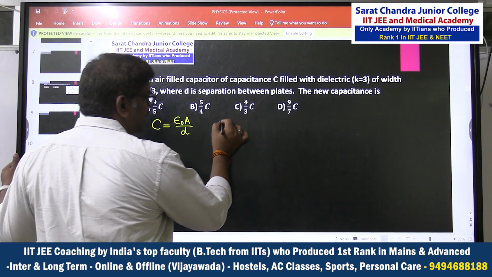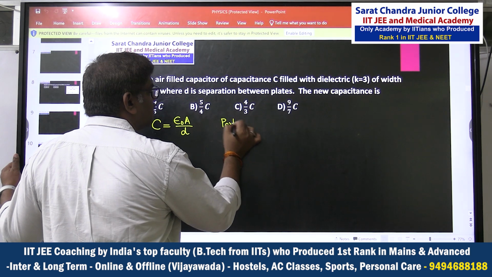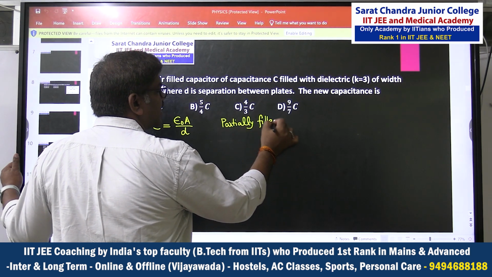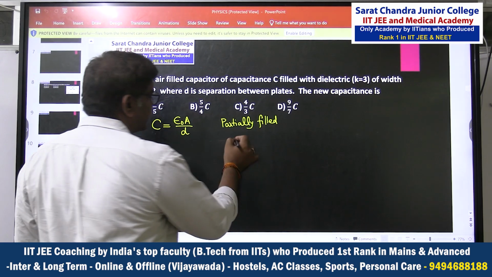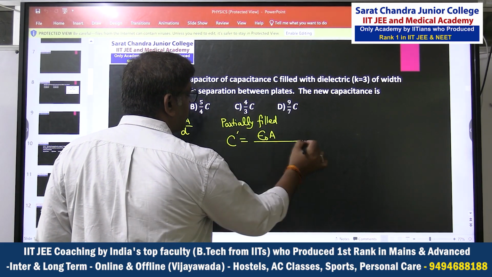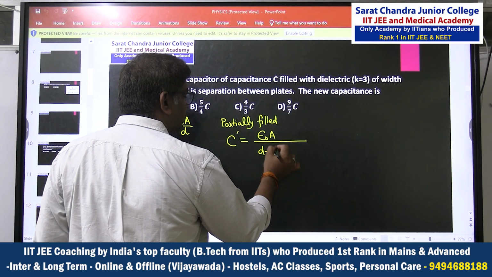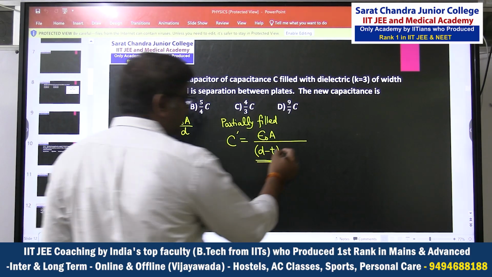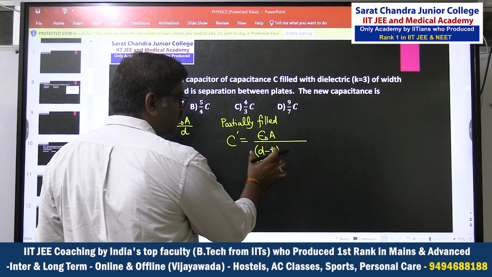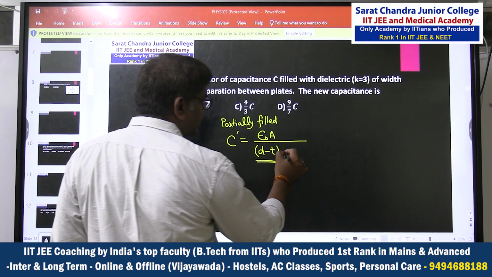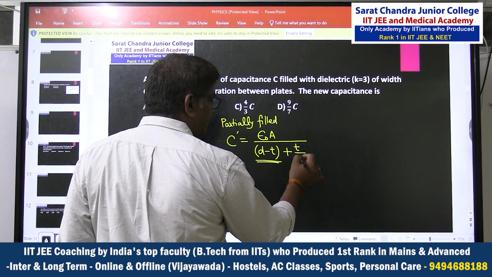But when it is partially filled with a dielectric slab of thickness t, then the expression becomes C dash is equal to epsilon naught A upon d minus t, where d minus t is the space which is air, the width of the portion in which the air is there, and the rest is t by K.